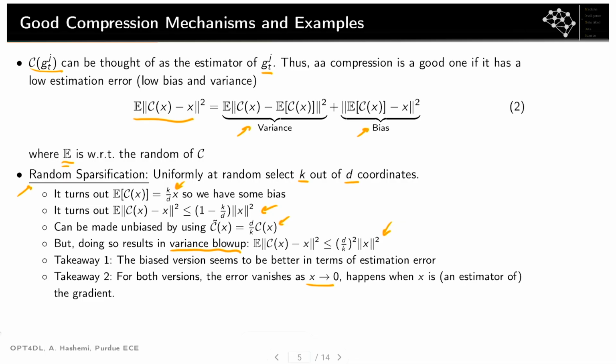So if we were to communicate the models as opposed to the gradients, we would lose this nice property that the compression error goes to 0. So a result of this takeaway is that we want to communicate quantities that we expect to get smaller and smaller as we are performing distributed learning.